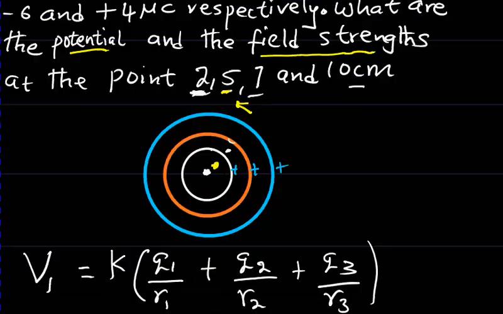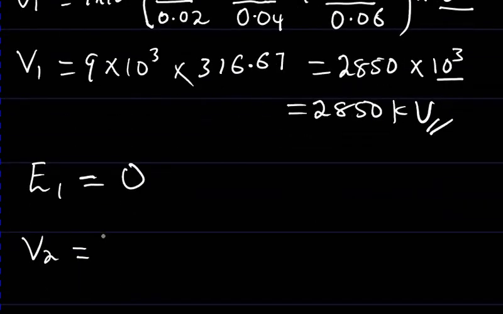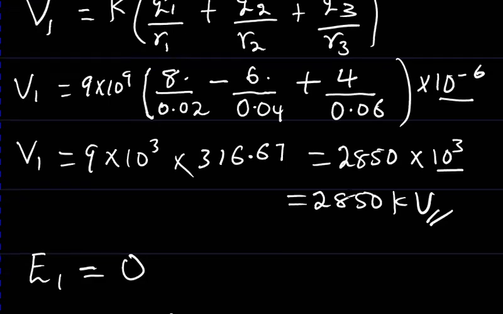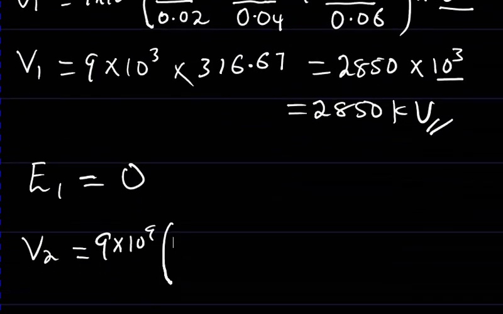So that's still 9 times 10 raised to the power of 9, bracket open. Q1 is still 8. Then the question is, what is going to be our r1?